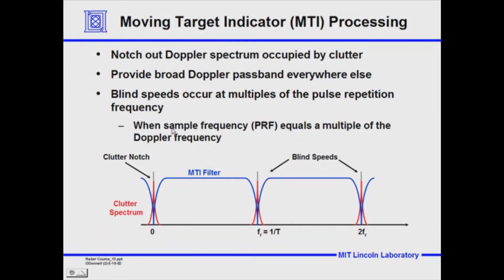And they occur when the sample frequency, the PRF, equals a multiple of the Doppler frequency. So if we have a certain Doppler frequency at the cell we're interested in, and that's a multiple of the PRF, then we're in trouble.